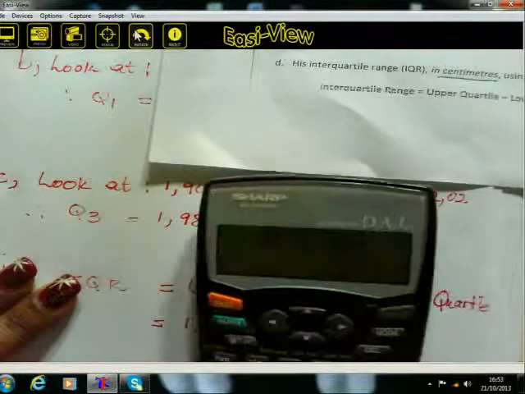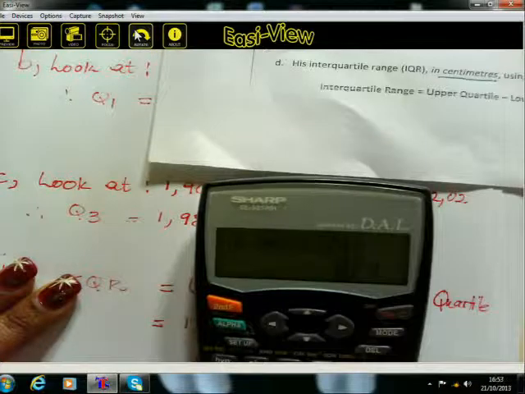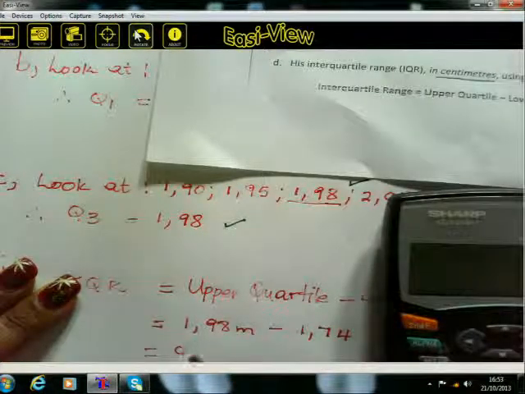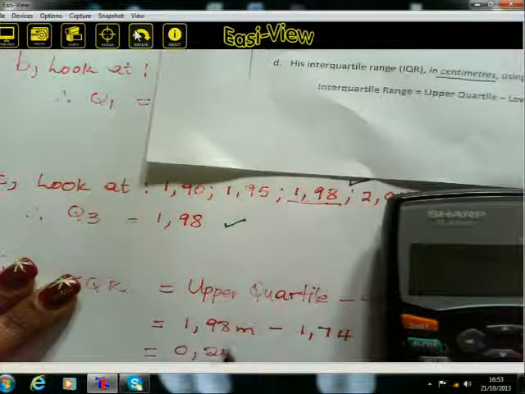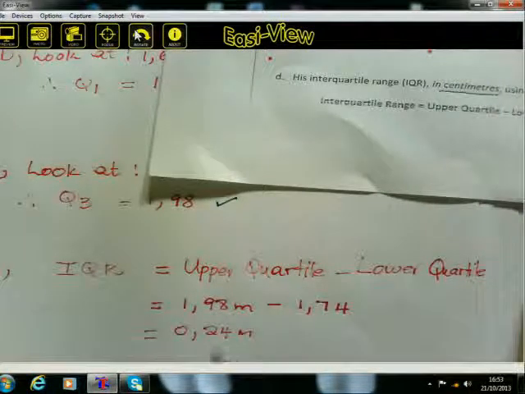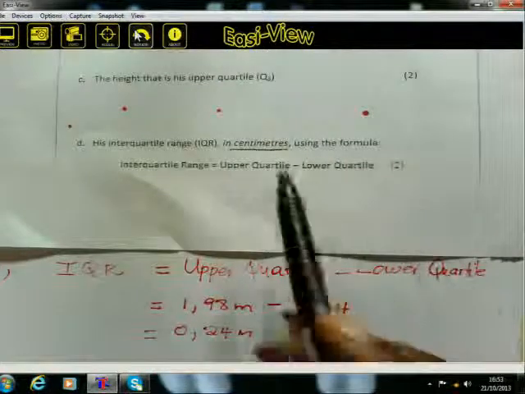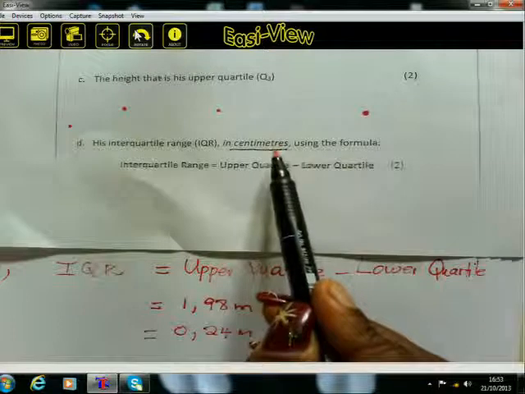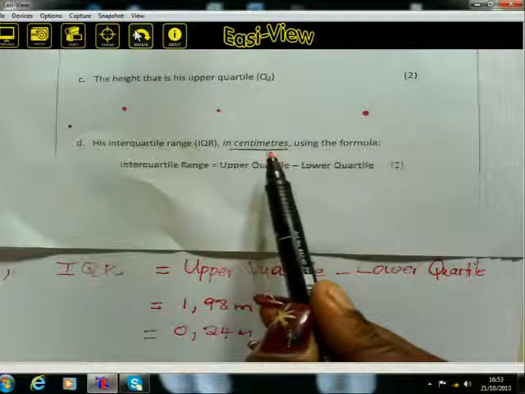What is your answer? 0,24. Are we together? It is 0,24 meters. So remember, now you had to convert your meters to centimeters, meaning that your answer should be in centimeters.